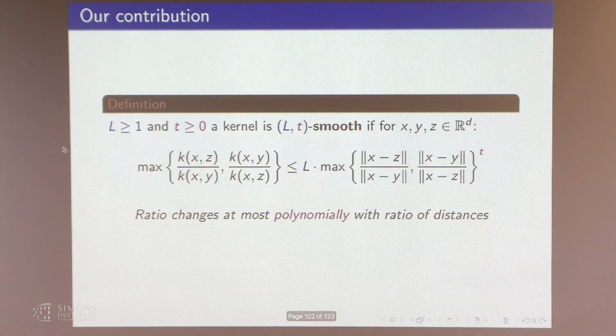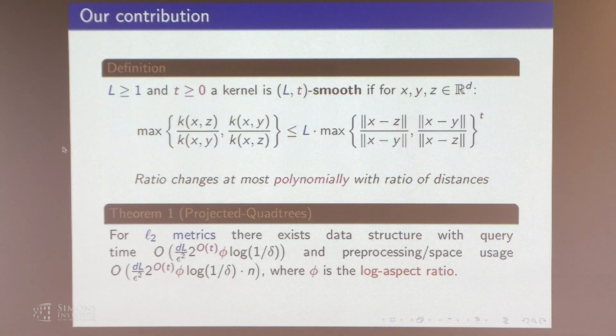So what's the result? If you have a problem with such a smooth kernel, you can solve it in query time that depends essentially on 2 to the power of t divided by epsilon squared, and the storage space is also 2 to the power of t times n.